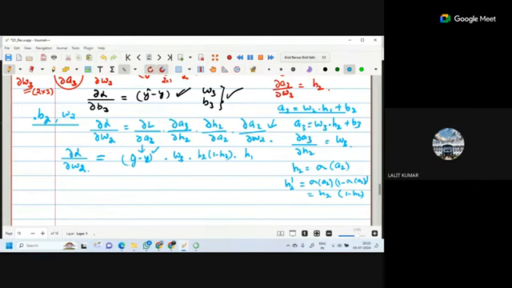Now we have to match the dimensions. W2 dimension is 3 into 4. This dimension is 2 into 1. W3 dimension is 2 into 3. H2, 1 minus H2 dimension is 3 into 1. And H1 dimension is 4 into 1.